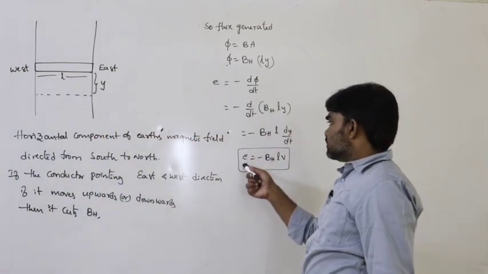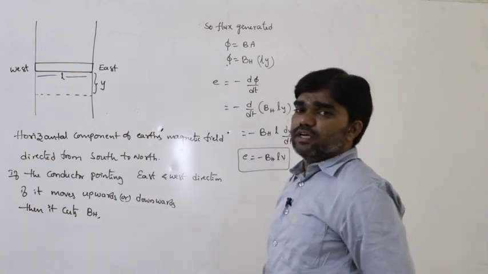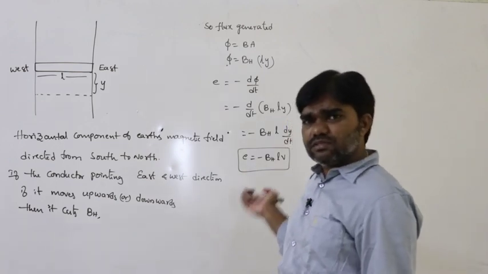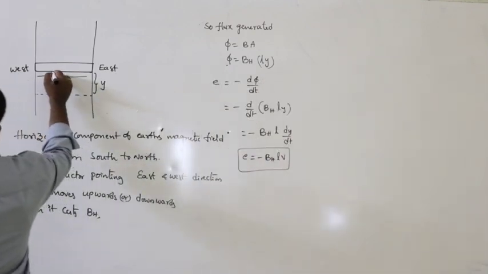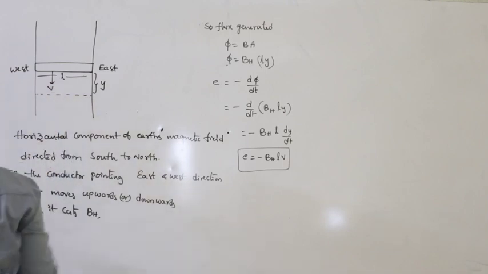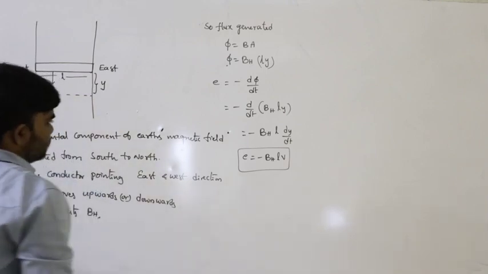The rate of change of flux is nothing but induced EMF. EMF is equal to minus BHLV. The magnitude of EMF is BHLV. Let us say this is the direction of motion of the conductor, so that is the situation.